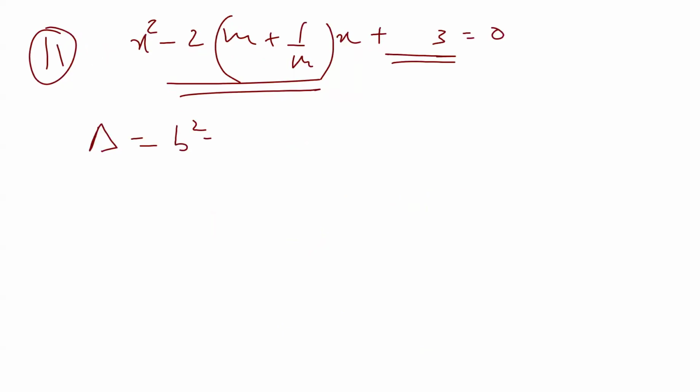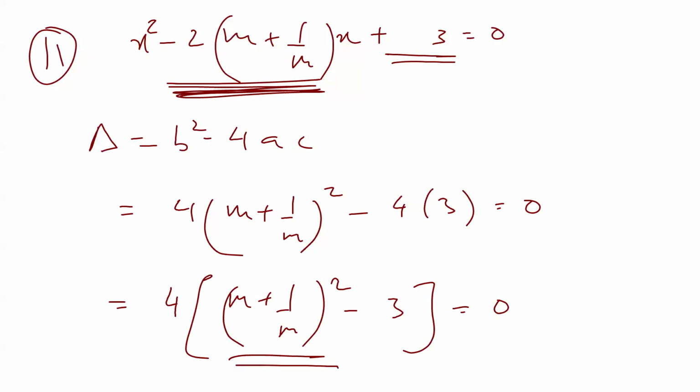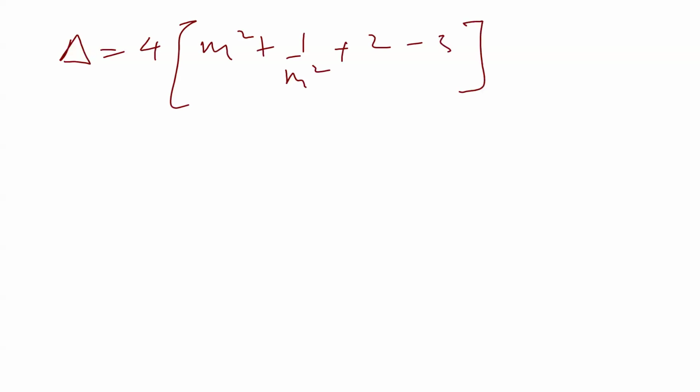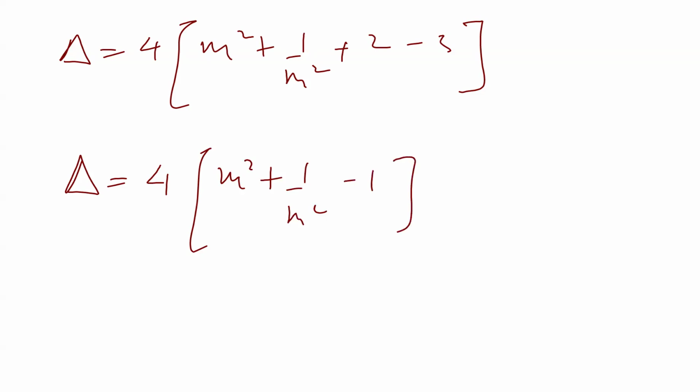So delta is equal to 4 times m square plus 1 upon m square plus 2 into m into 1 upon m, sorry, m plus 1 upon m the whole square, so plus 2 will come. M gets cancelled, so plus 2 minus 3. So delta is equal to 4 times m square plus 1 upon m square minus 1.